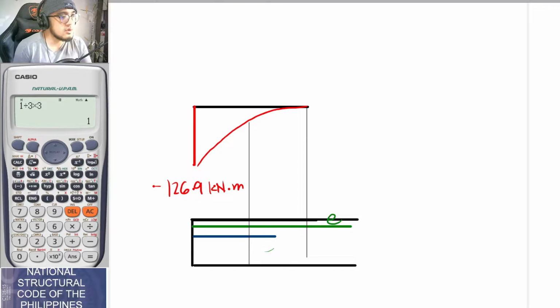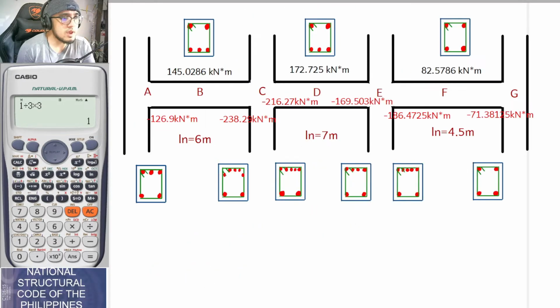For its load diagram, let's say this is its beam. From this beam, I will cut this portion and redraw it here.